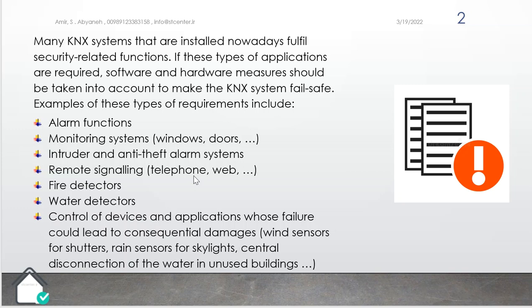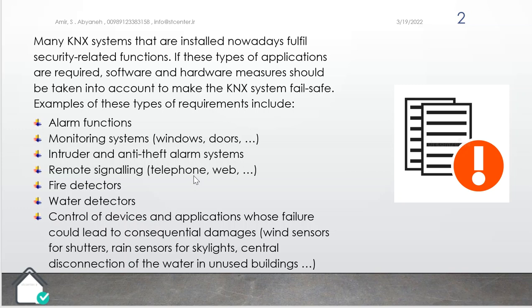And control of devices and applications whose failure could lead to consequential damages, like a wind sensor for shutters. It is really important, for example, in control of the awning and shutters outside of the building, that we take care about the wind. If some strong winds happen, we could lose the awning, so we should prevent it.